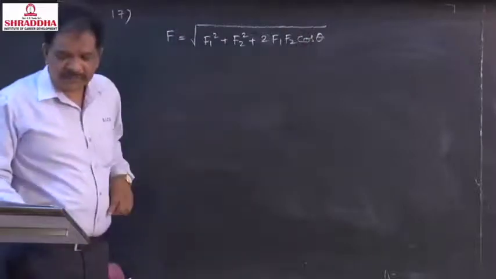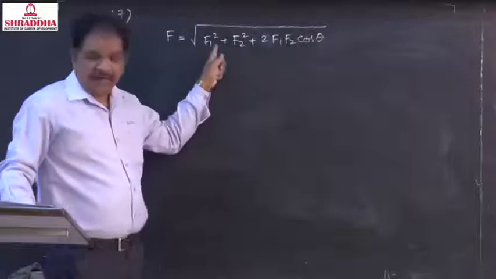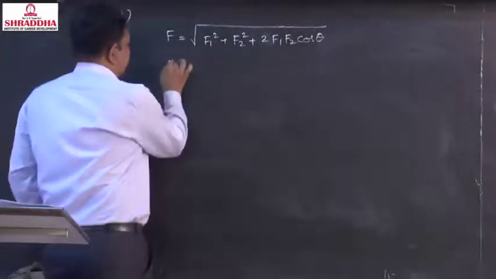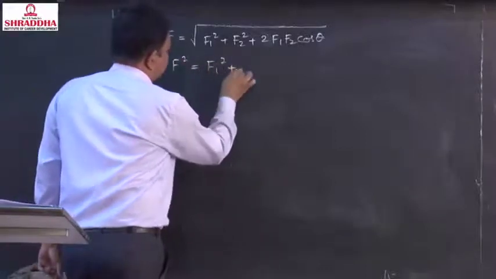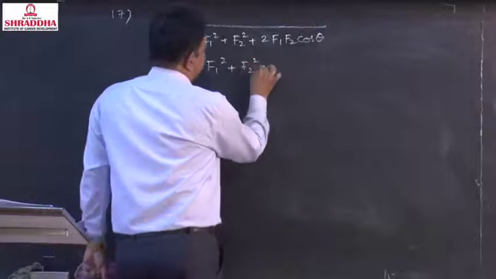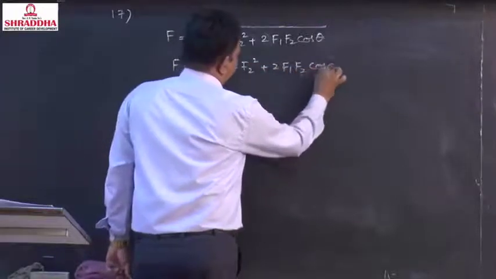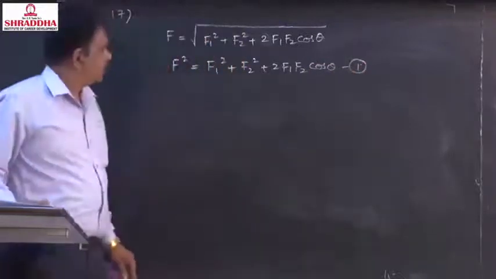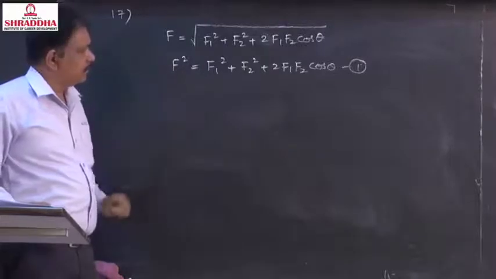F1 F2's resultant is F. That's why we can write this one. Square this. Then F square is equal to F1 square plus F2 square plus 2 F1 F2 cos theta. Okay. Let it be equation 1.